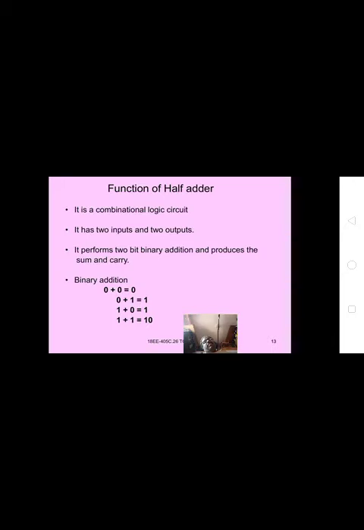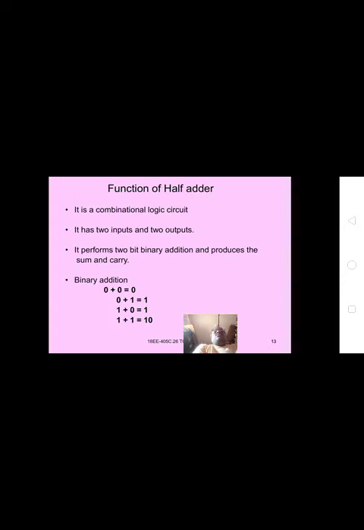Here I have given the binary addition data also. That is 0 plus 0 equals 0, 0 plus 1 equals 1, 1 plus 0 equals 1, 1 plus 1 equals 1 0, and another one is also there, 1 plus 1 plus 1, that is 1 1.